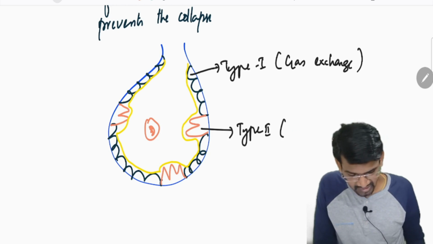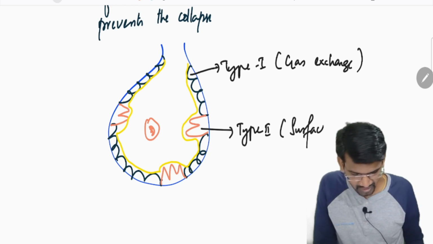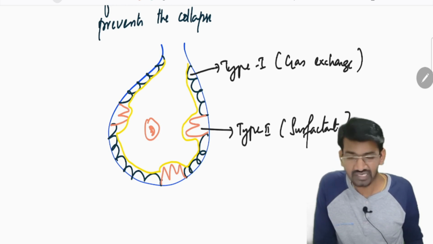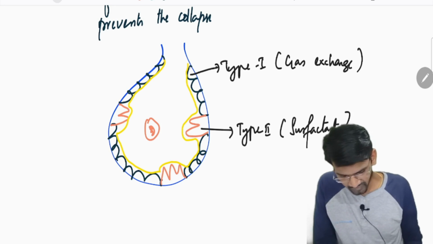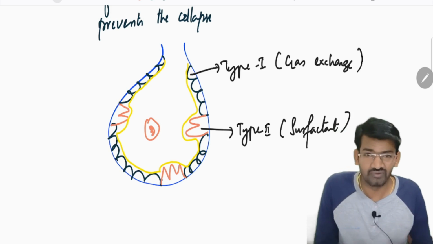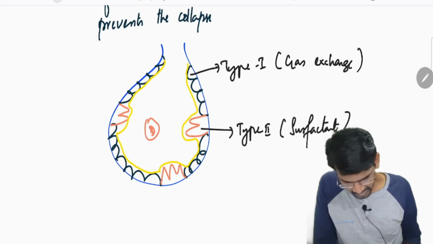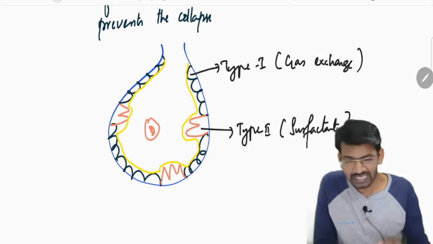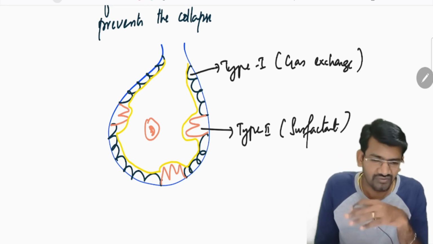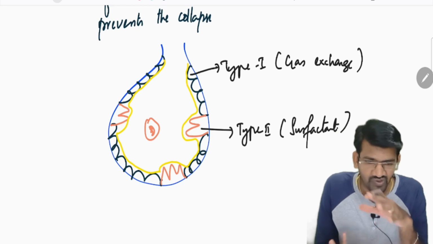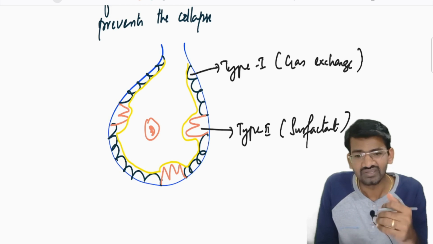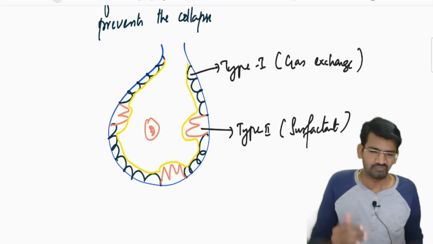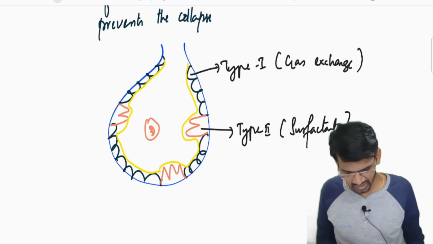These will secrete the surfactant. This surfactant will line the surface of the alveoli. The yellow lining you are seeing is a layer of surfactant which lines the alveoli. By reducing the surface tension in the alveoli, it prevents the collapse of the alveoli.